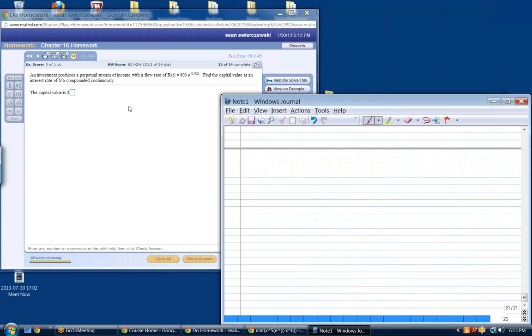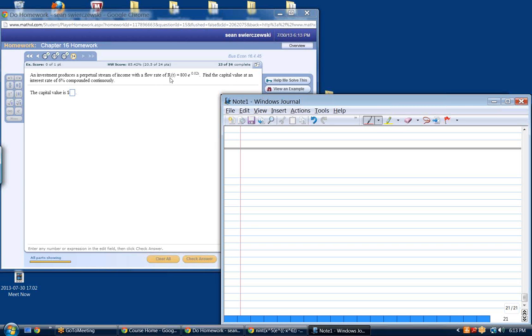Perpetual stream of income, that's your rate of income. Find the capital value at an interest rate of 6% compounded continuously. Now, the capital value. Is that r prime of t? Because isn't it the rate of something?